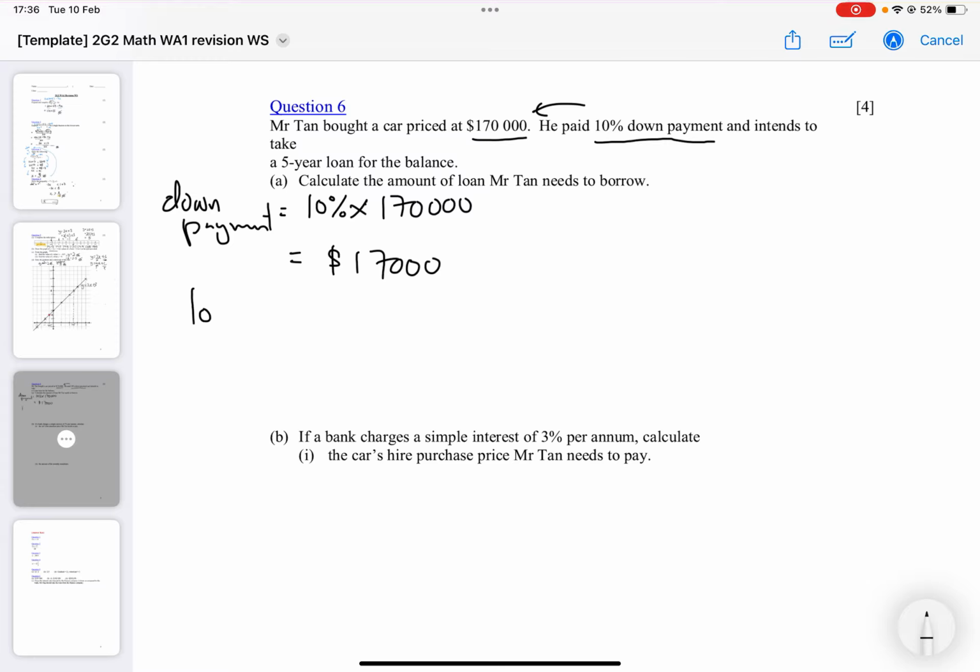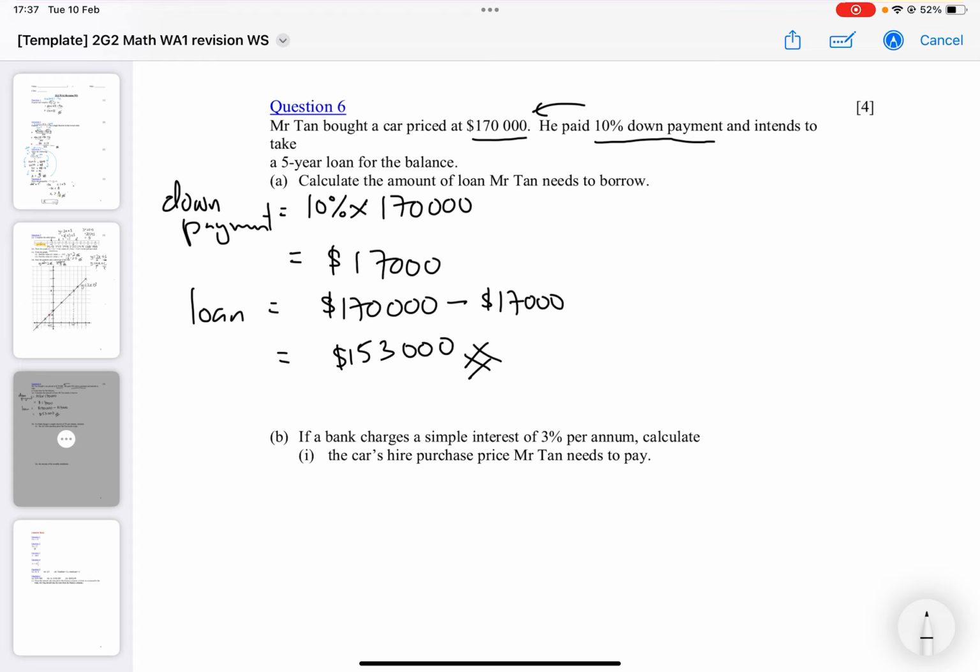The loan he needs to borrow is 170,000, he paid 17,000 already, so what is left is the amount he still owes. Calculator: 170,000 minus 17,000 equals 153,000. This is the amount he needs to take a loan for, or the amount he still owes.